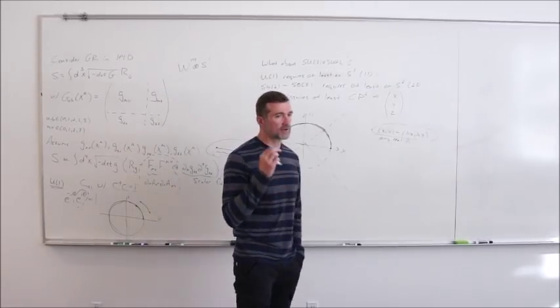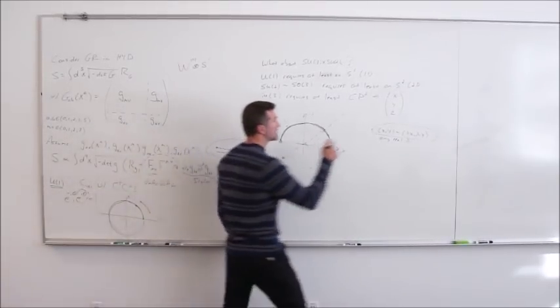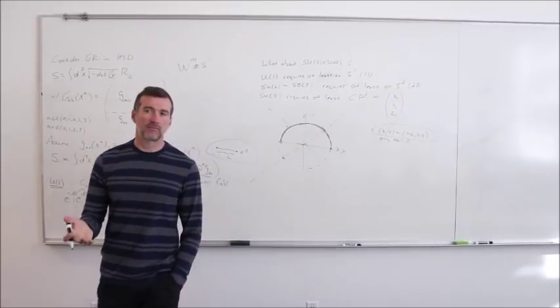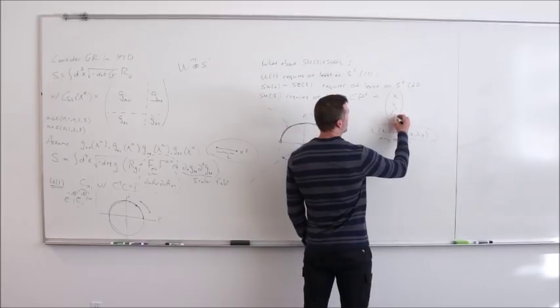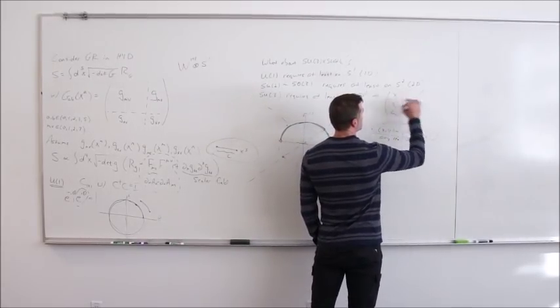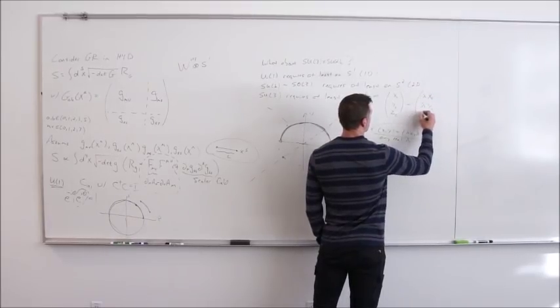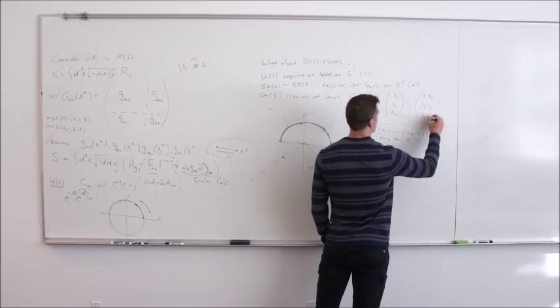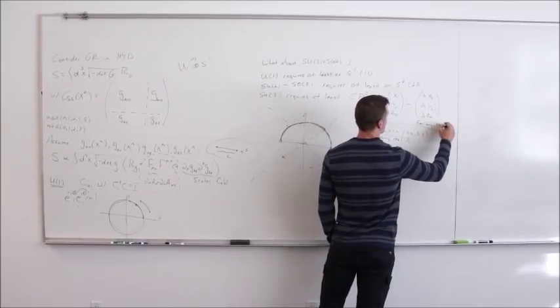I'm going to take a triplet of things, but each of those things are complex. Okay, so X has a real and imaginary part, Y has a real and imaginary part, and so for Z. And then I'm going to define an equivalence relation that says X is the same as lambda X, Y is the same as lambda Y, and Z is the same as lambda Z, for any complex lambda.